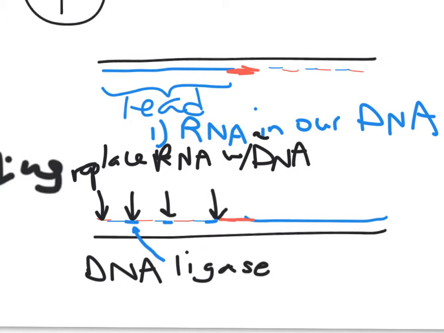So one of the many polymerase enzymes we have in our cells comes in and chews up all of those red RNA primers and sticks DNA in their place. It's almost like I take my eraser and erase. Oh, except I can't. I write over, how about that? Those primers with DNA. So that gets rid of the RNA primers and replaces them with DNA.